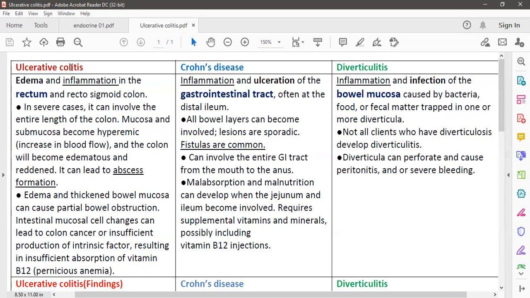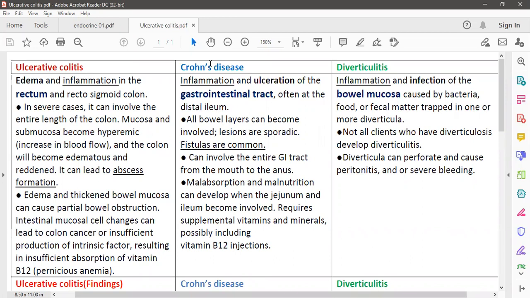So ulcerative colitis is edema and inflammation, especially of the colon, but which portion? Basically the terminal part, which is the rectum or rectosigmoid colon. It is the inflammation and edematous change.